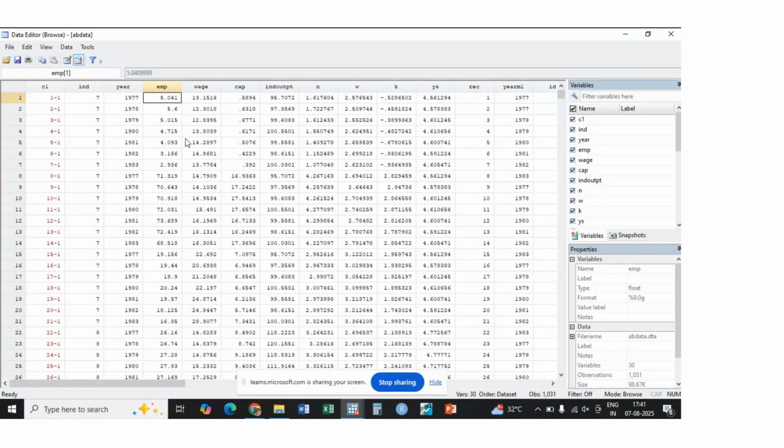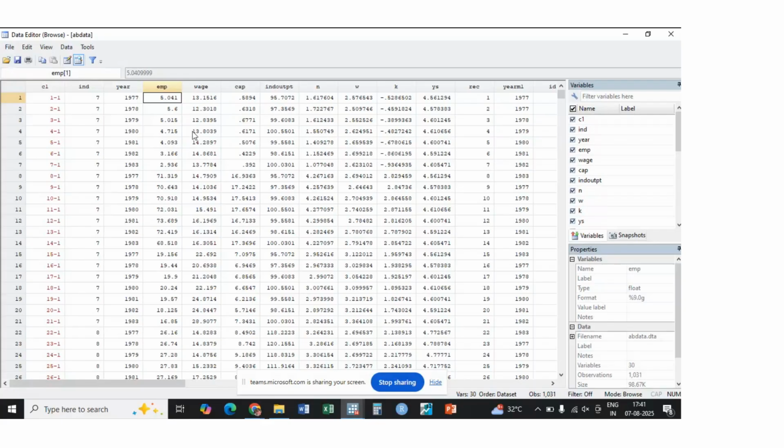And what we are trying to do is ask what factors drive current employment. We are arguing that current employment depends on past values of employment, plus wages, plus the capital stock, plus the industry output.